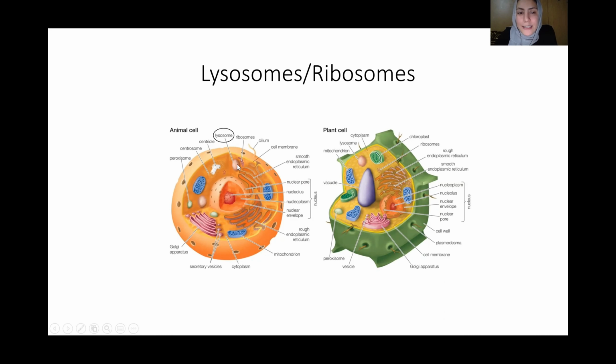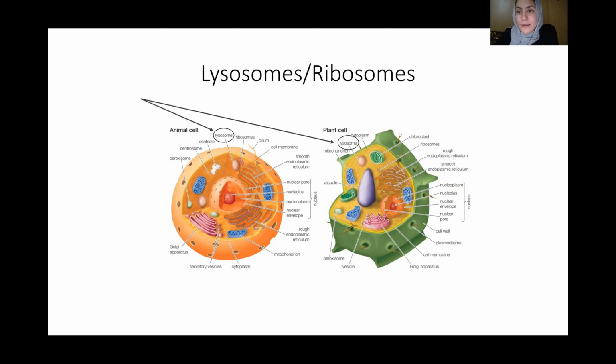Can you see lysosomes here? This is the lysosome. It looks like a ball, a circle, and it is found in animal cells. Also, it is found in plant cells. As we see here, this is a ball, looks like a circle, found in plant cells.